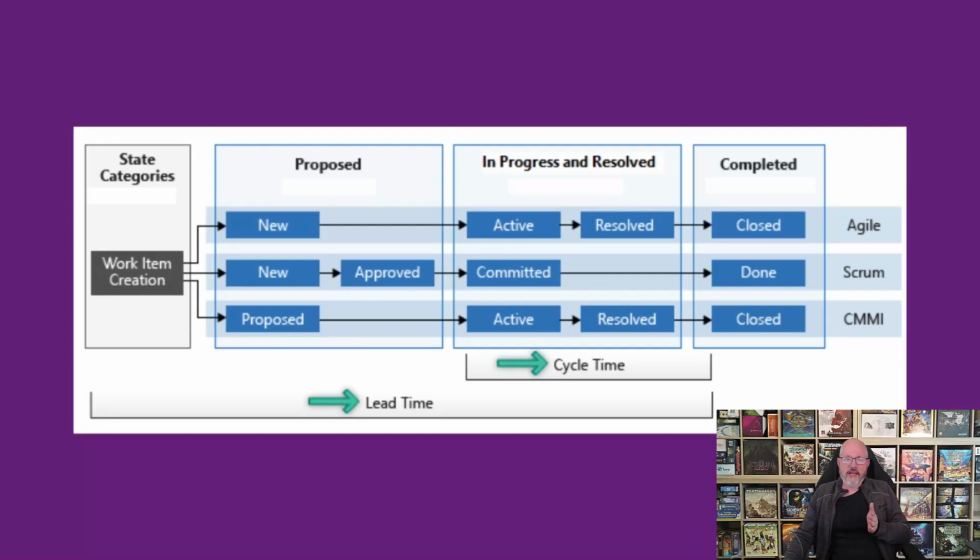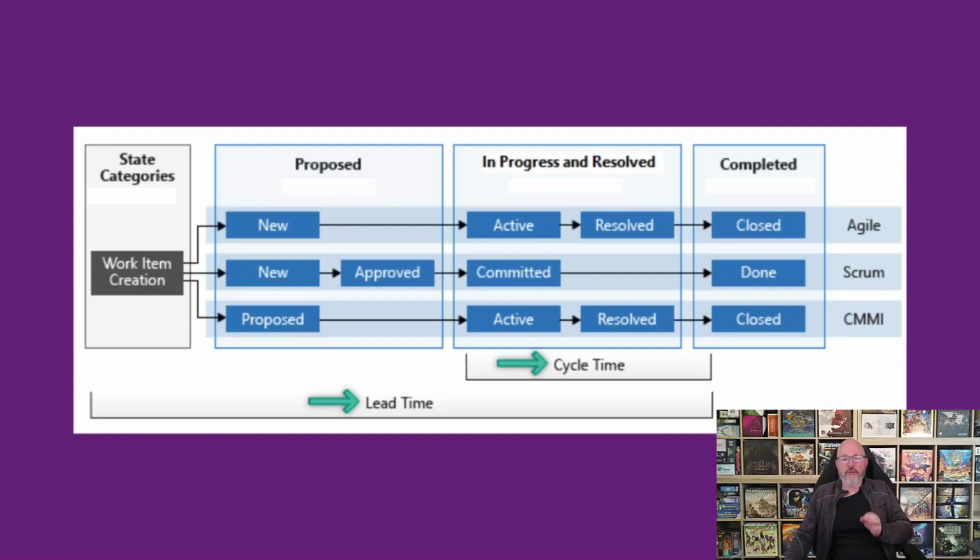One of the reasons I prefer the Scrum process is that by default, although you can absolutely add it to the Agile template, it has two states in proposed. We've got new, it's been added to the system. It might have been added by some random person in your organization, so you don't necessarily want to have started the work.